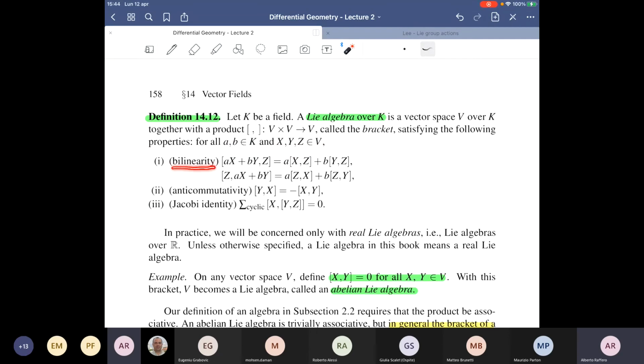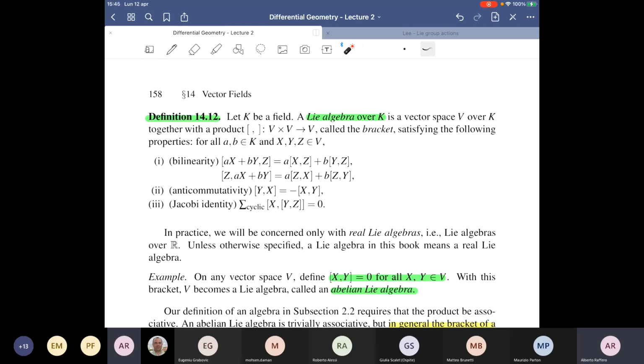So you want it to be bilinear, so it will be linear in each component separately, and so this will be just linearity. You want this anti-commutativity or skew-symmetry, so you want that if you exchange the roles of y and x, you will get minus the bracket, and you want the Jacobi identity to be satisfied.